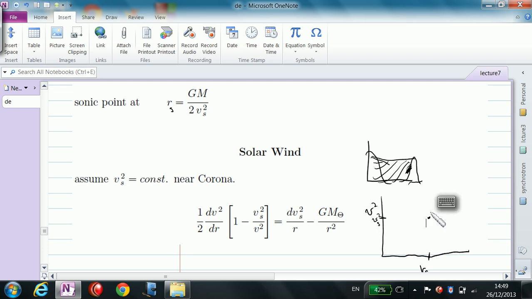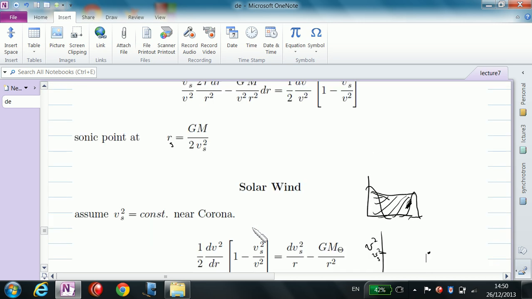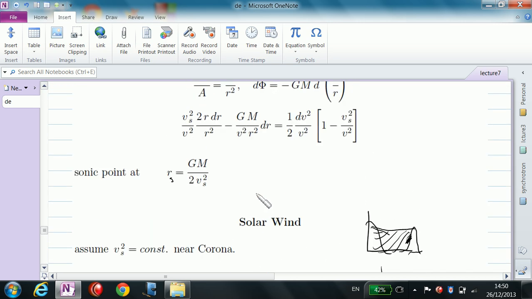Now, you can just do the signs of how the solutions look, because you can write... first of all, this doesn't look right.